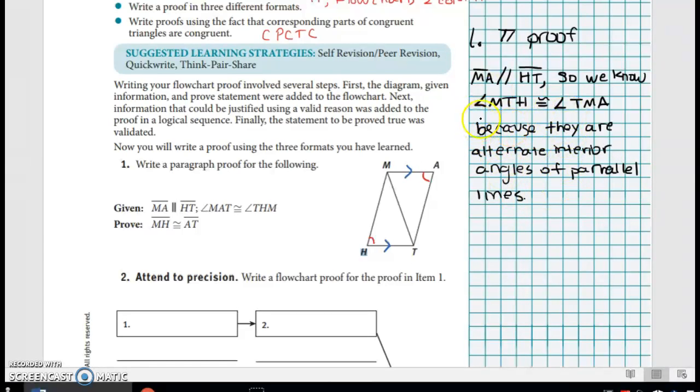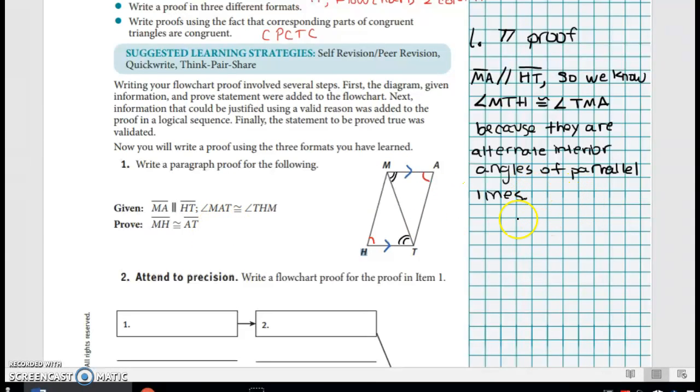Because I know that they're congruent now, I want to make sure that I'm still labeling my picture. So MTH is congruent to angle TMA, which is right there. Okay, and that's the end of the sentence.